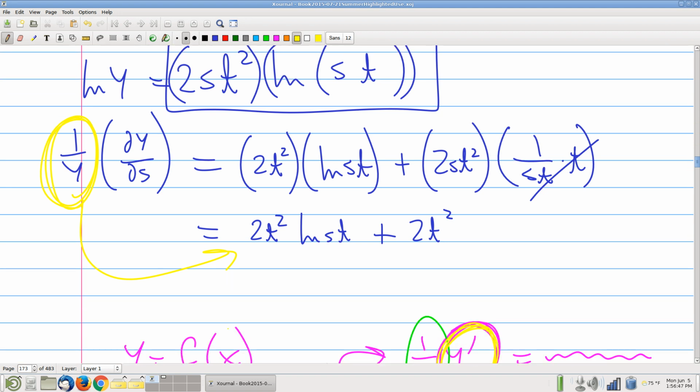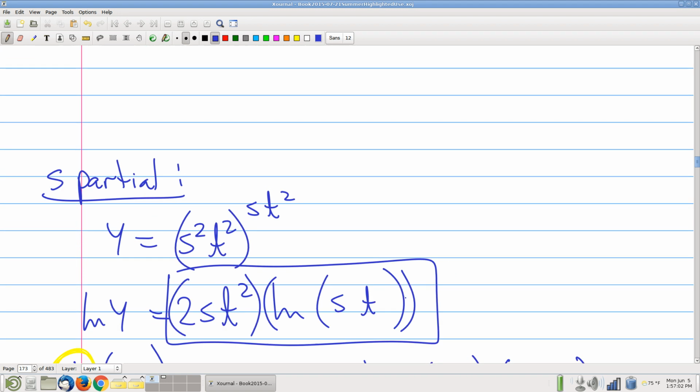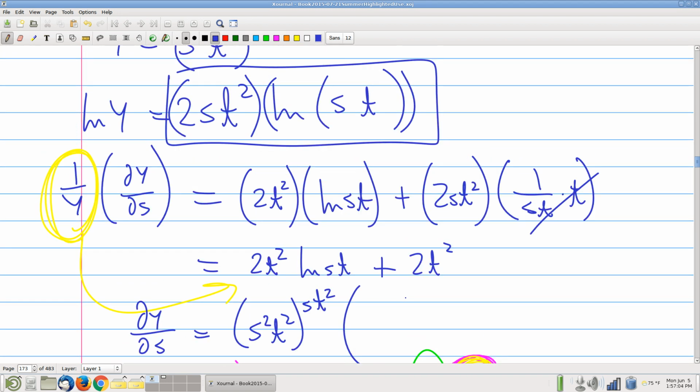And so specifically then, the partial of y with respect to s is y times all this business. Everybody good? Okay. All right.